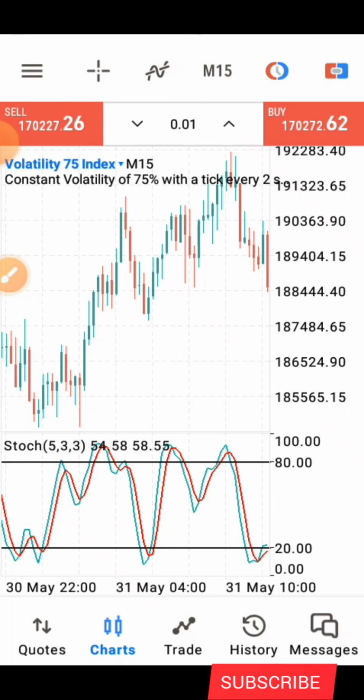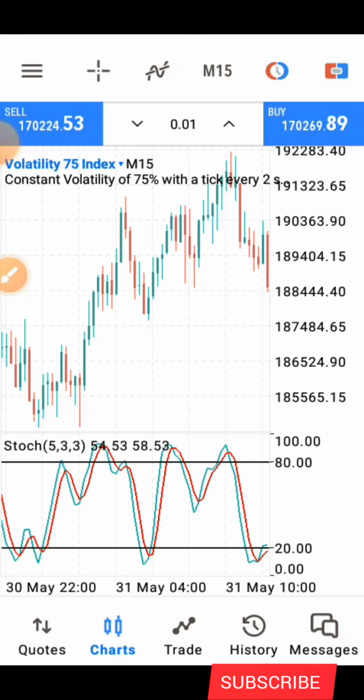Okay, so now let me explain how the strategy works. One thing you need to know about this strategy is that this is a divergence strategy. Alright, this strategy is based on divergence. Okay, and secondly, it's a trend following strategy. Okay, with this strategy you are meant to follow the trend of the market.